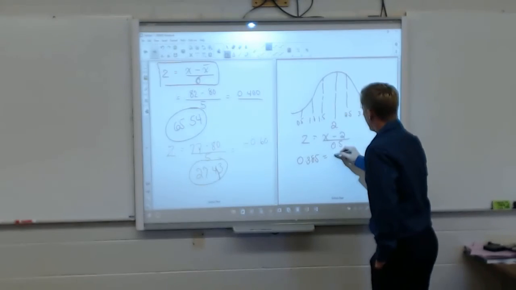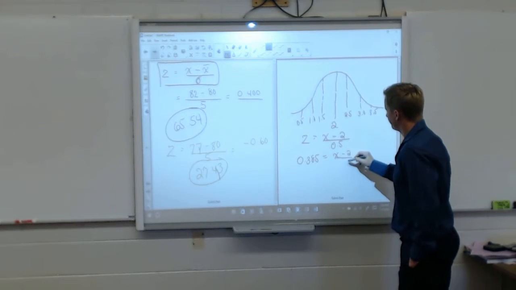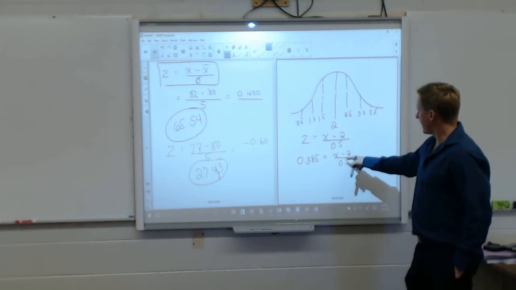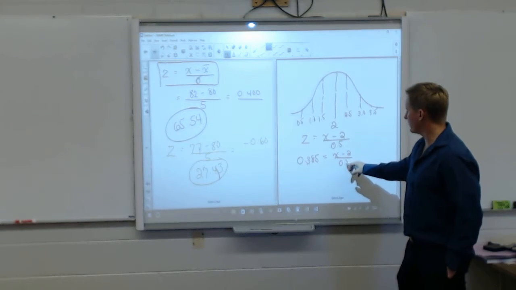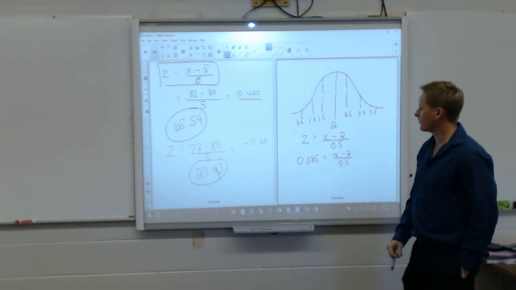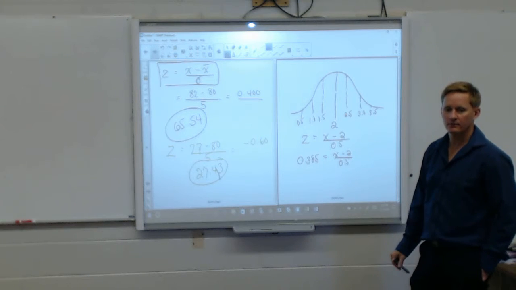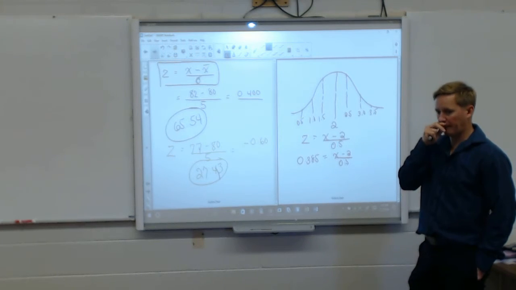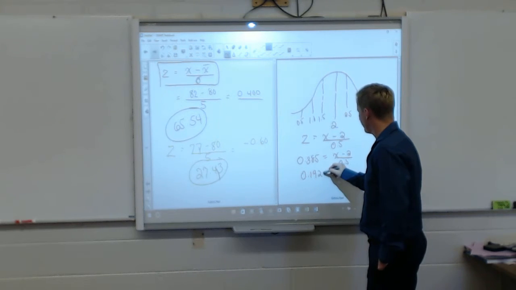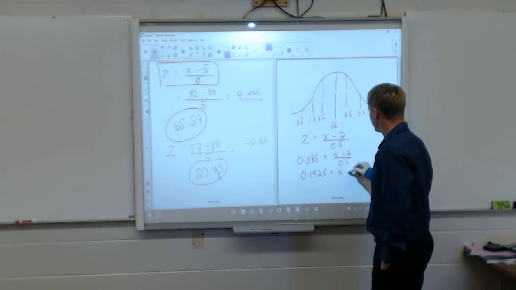So now that I have my z-score, look what happens next. Okay, I have my z-score. So now I'm going to times that z-score by 0.5. So 0.385 times 0.5. 0.1925. 0.1925 is equal to x minus 2.